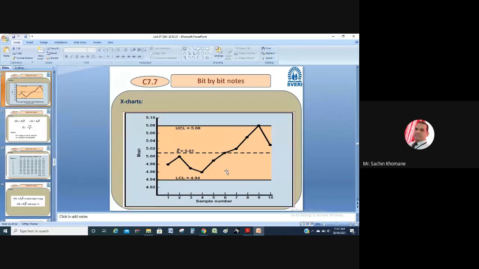At least tell me this. Things are within control or out of control. The control chart is made for that only, right?